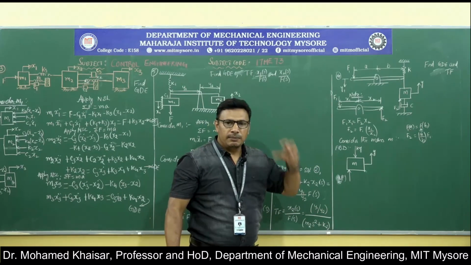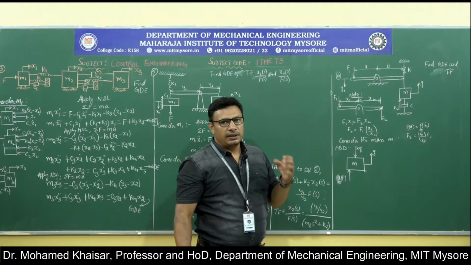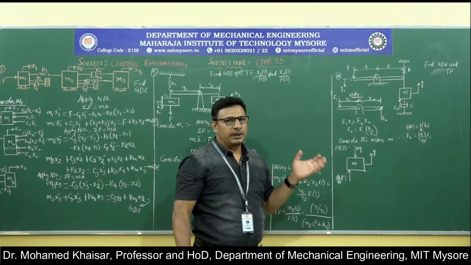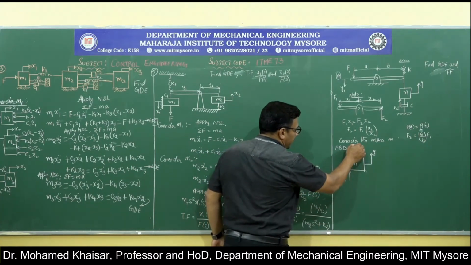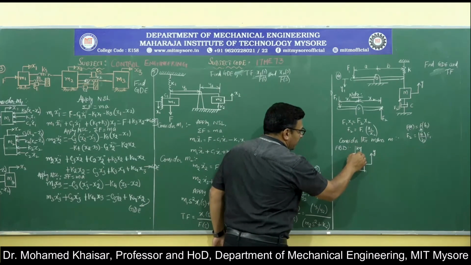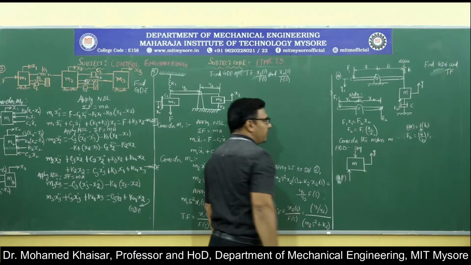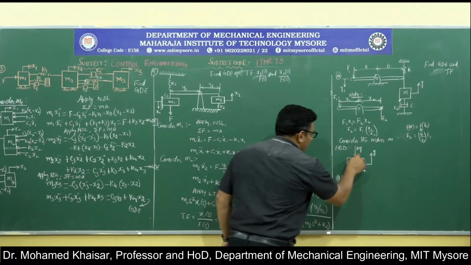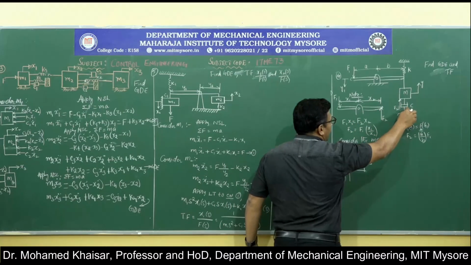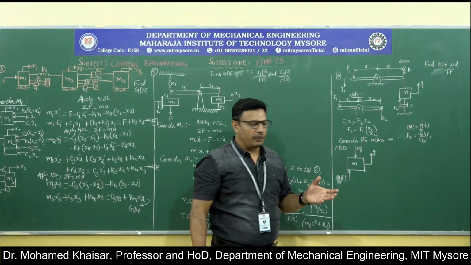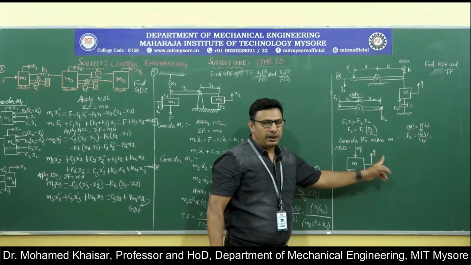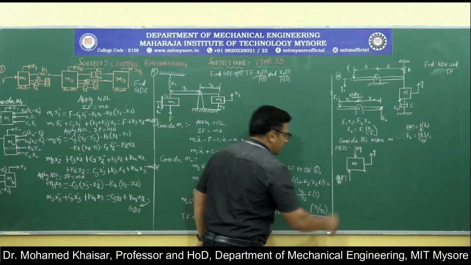That is why they must offer the forces in the direction opposite to that of the disturbance or the displacement of the mass. Again, along with the spring, there is a damper. The damper also offers a resisting force in the opposite direction to the displacement of the mass.